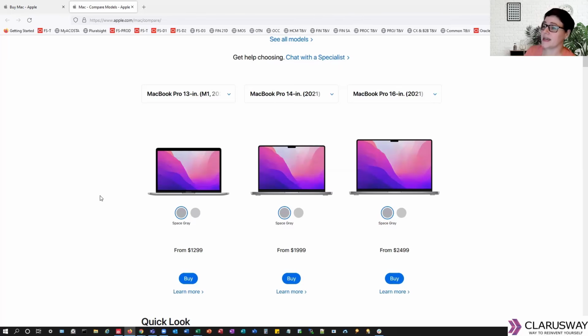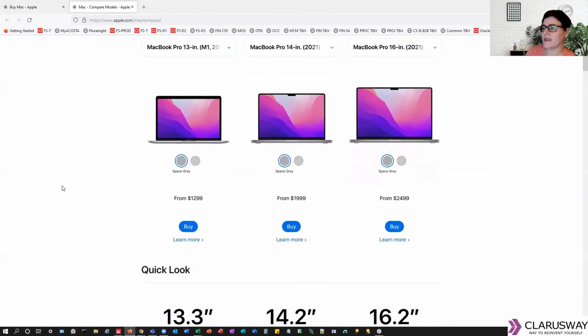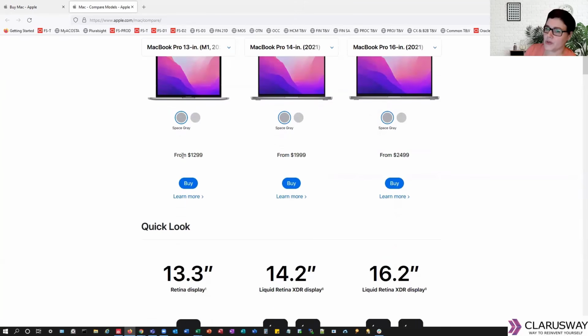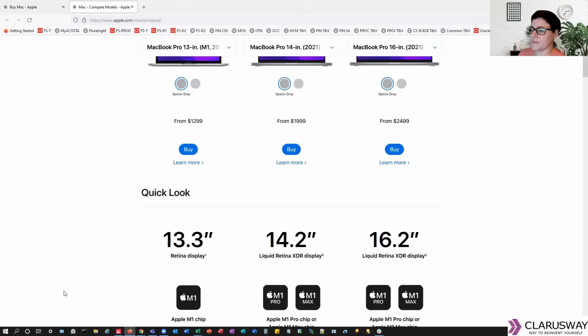You see the screen size advertised right off the bat. So MacBook 13-inch, 14-inch, 16-inch. Obviously, as you increase screen size, you're also increasing cost. The technology necessary to render a larger screen has more components there, so your cost goes up.